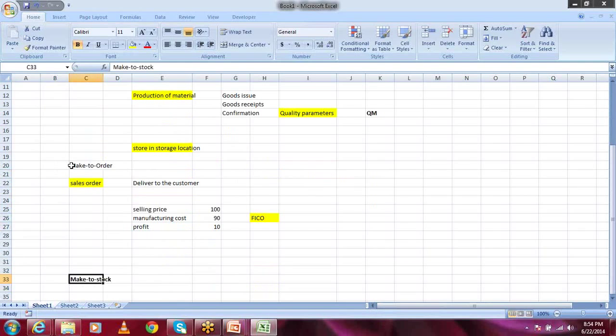Examples like sugar, cement, cool drinks and beverages all come under the make to stock scenario. Make to order is like car manufacturing, truck manufacturing and aeroplanes. These two are the scenarios in PP.